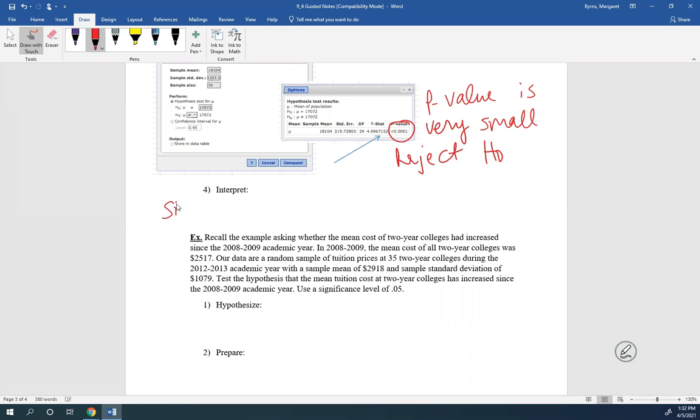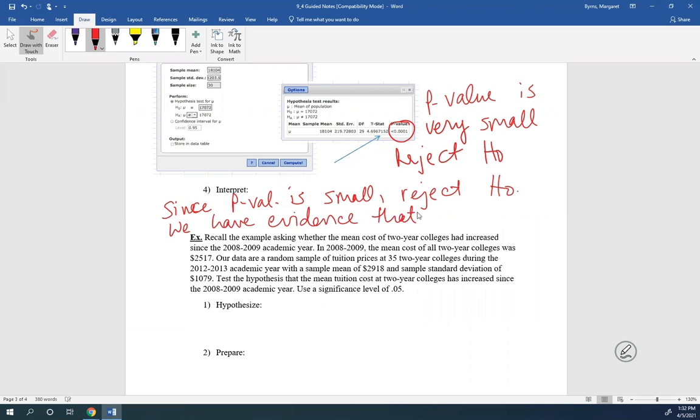So interpretation: since the p-value is small, we reject the null hypothesis, which means we have sufficient evidence that the mean attendance at all NHL games has changed.